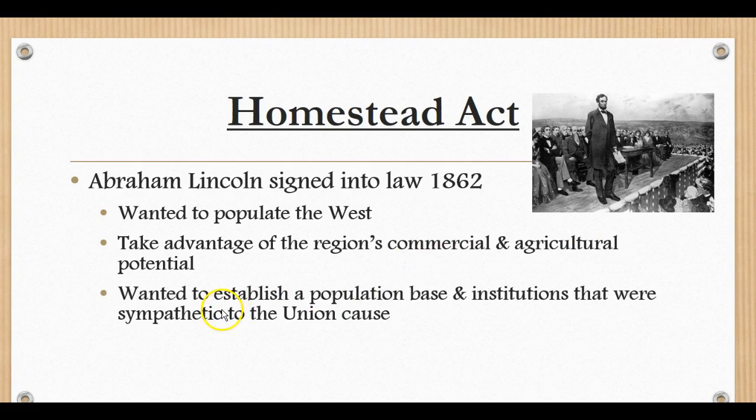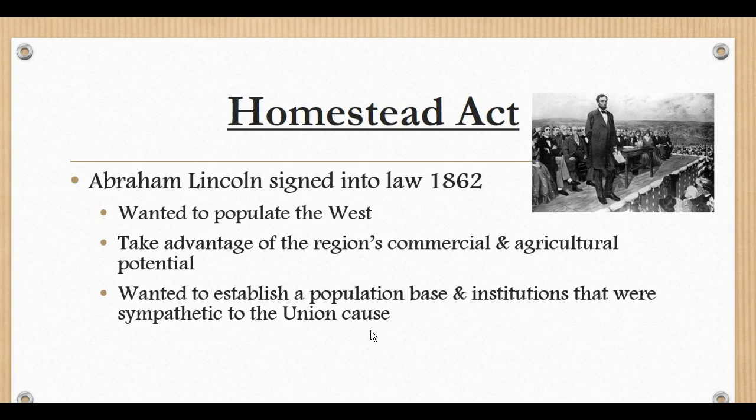Okay, another reason why Lincoln wanted to have people go west is he wants to establish a population base. So he wants people to live there, stay there, work there, have children there, and have generations stay and live there too. And also institutions that were sympathetic to the Union cause.